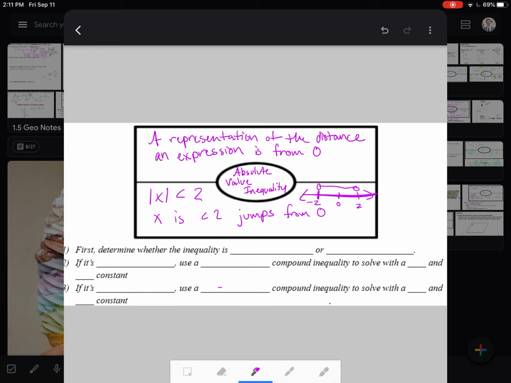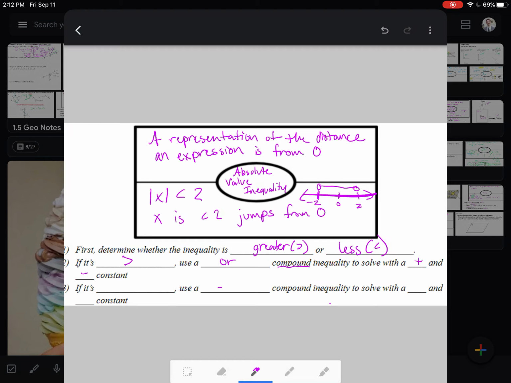So some steps for solving these, because it does get a little bit complicated, is first we have to determine, this does make a big difference. Are we looking at a greater than, or are we looking at a less than absolute value inequality? Big difference, because if we have a greater than inequality, you actually have to use an or compound inequality from the other day with a positive and a negative constant.